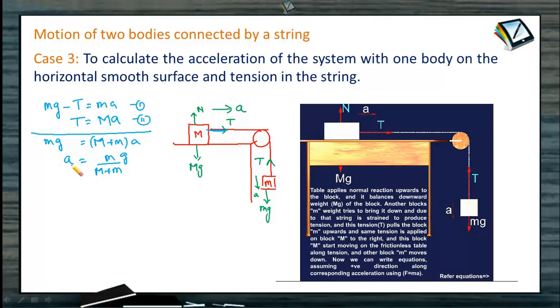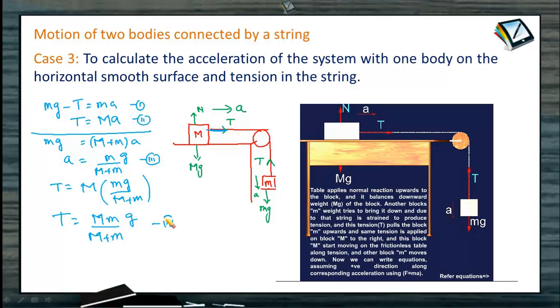And if we require the tension, substitute this value of acceleration in either equation 2 or equation 1. So if I substitute into capital M into a, with a as mg divided by (capital M plus small m), the tension T will be capital M small m g divided by (capital M plus small m).